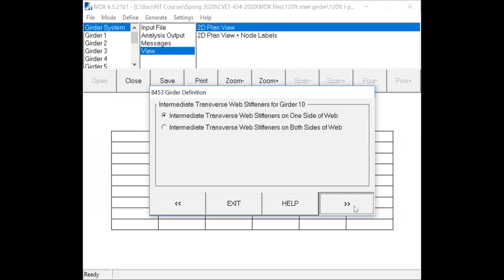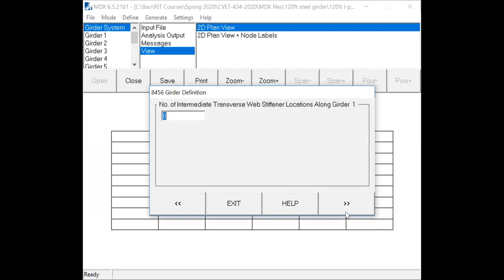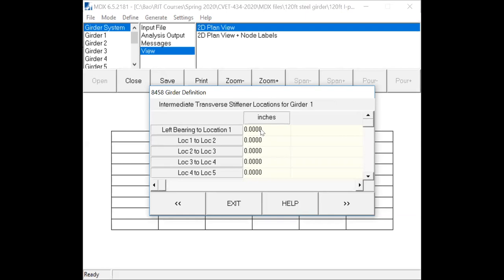Okay. And the number of intermediate transverse web stiffener locations along girder 1 is 5. That's exactly the same location as a cross frame. Be careful with the intermediate transverse stiffener locations for girder 1: from the bearing to location 1, location 1 to location 2, and this unit is inches. It's not feet.